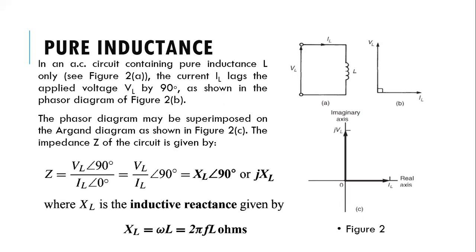That angle of 90 degrees is denoted as jXL, where XL is the inductive reactance, which is given by 2 pi FL, or omega L.